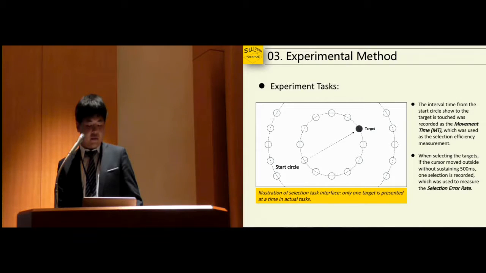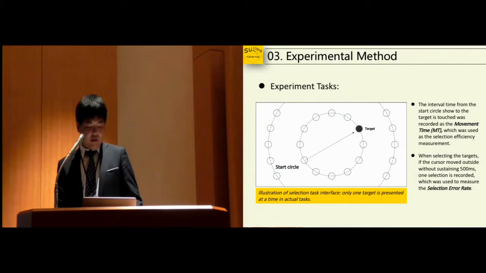When users move the cursor to the target, they need to keep the cursor hovering within the target area for 500 milliseconds. If the cursor moves away from the target without sustaining 500 milliseconds, one selection error is recorded.